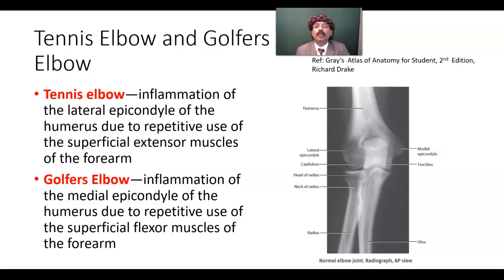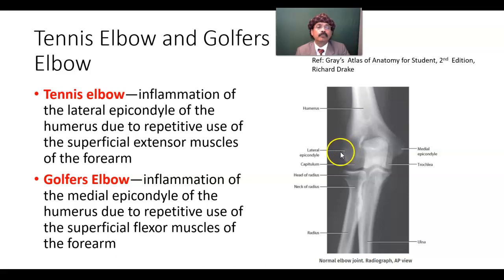What is tennis elbow? Tennis elbow is the inflammation of the lateral epicondyle of the humerus due to repetitive use of the superficial extensor muscles of the forearm. The superficial extensor muscles of the forearm originate from the lateral epicondyle, the site of origin of the superficial extensor muscle.